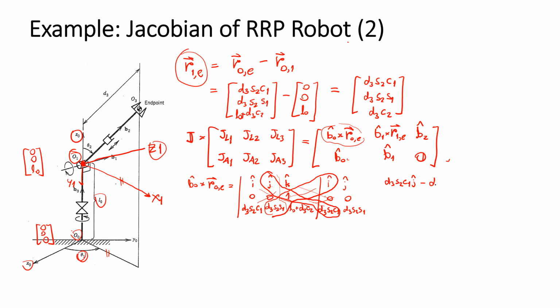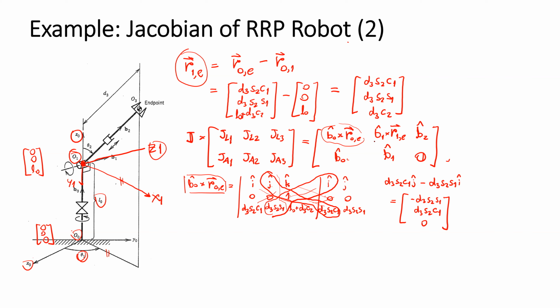So we have D3, S2, S1, I. So if we write this in the vector form, it's equal to minus D3 S2 S1, D3 S2 C1, and 0 K.